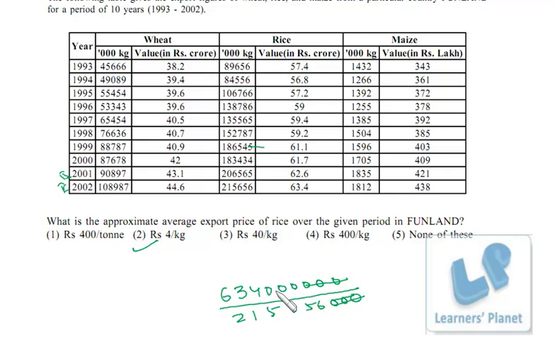It is 6 digits in the numerator and 6 digits in the denominator, but the initial figure here is 6 and here it is 2, so we just consider it to be around 3 times. We are not going for actual calculation.